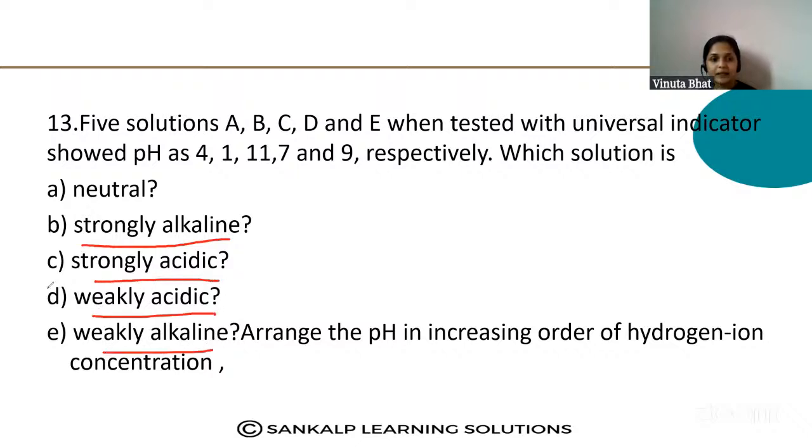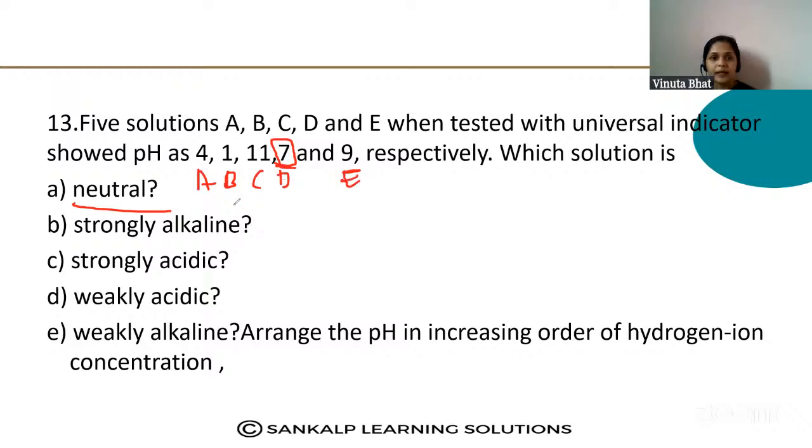Here, this is A, B, C, D, E. A has pH 4, B is 1, C is 11, D is 7 and E is 9.